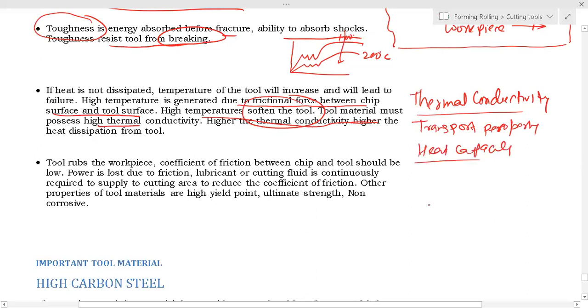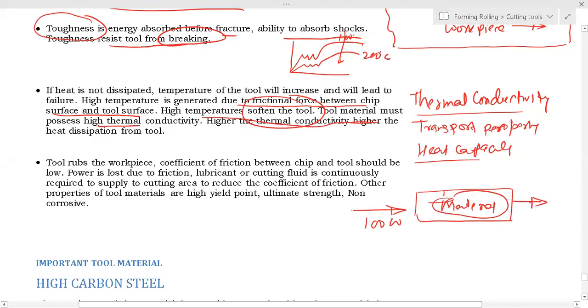Try to understand this. You have one material like this. Heat is supplied. Suppose you have 1000 watt that you are supplying to this material. What will happen? This material will keep some energy, and it will transmit also.